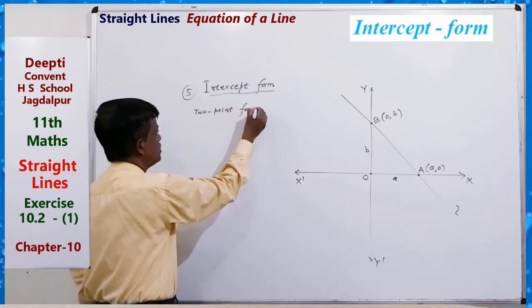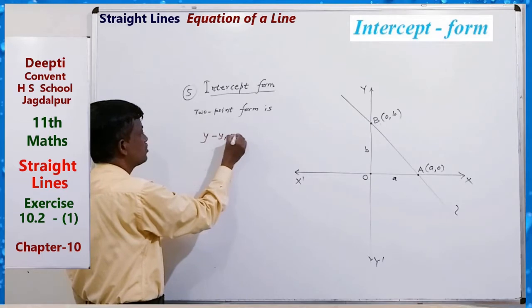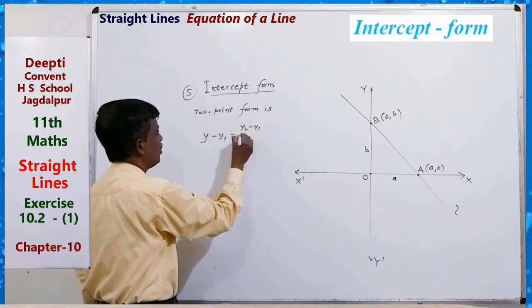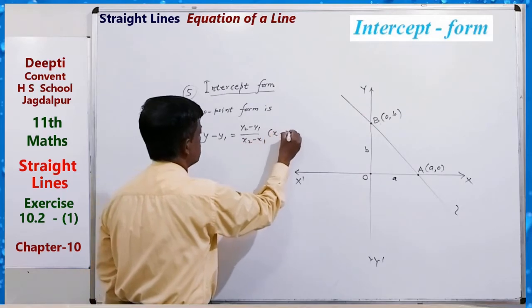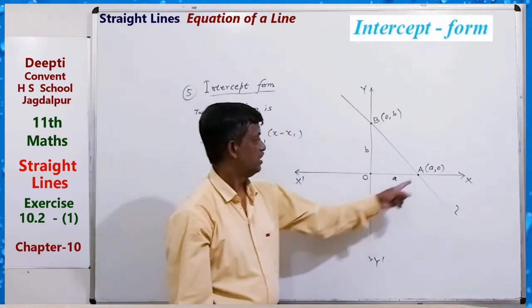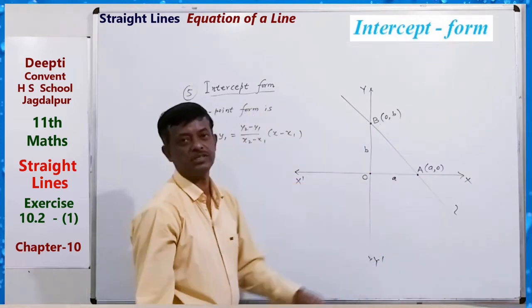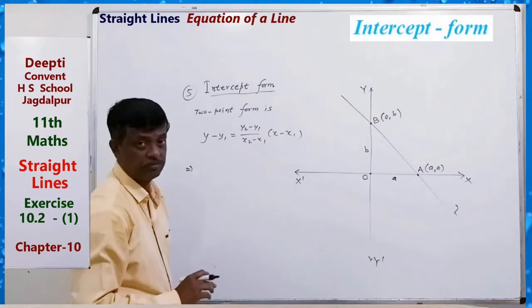2 point form is y minus y1 equals y2 minus y1 upon x2 minus x1 times x minus x1. This is 2 point form. So here x1 y1, x2 y2. Just use it here. X and y are arbitrary points here.